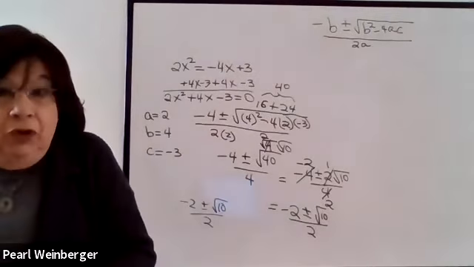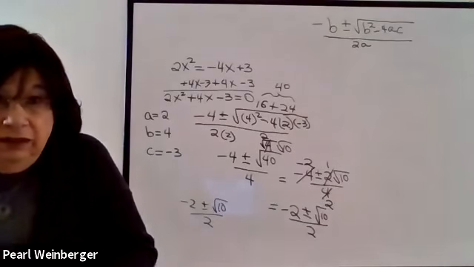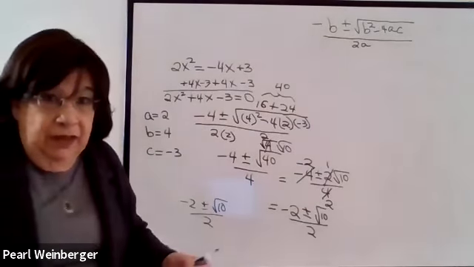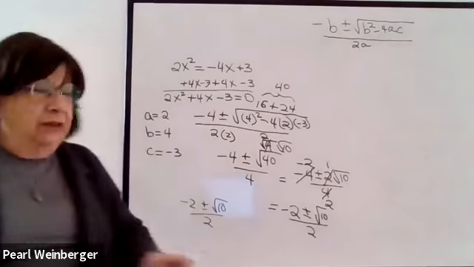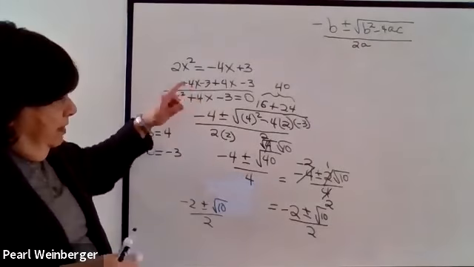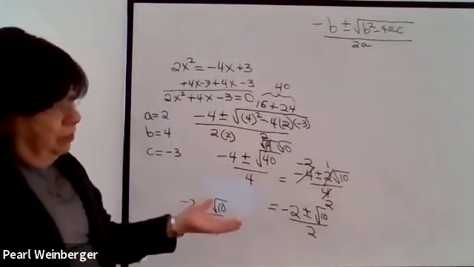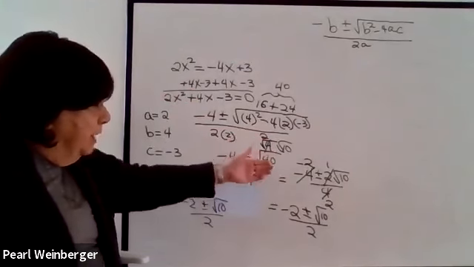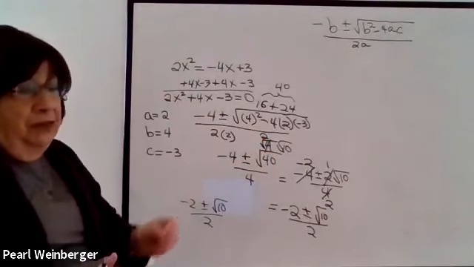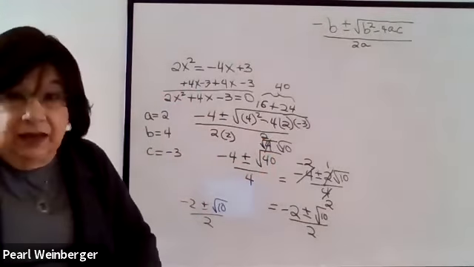Shall we do one more? Should we try one more like this, just as good practice? Notice one thing you have to be careful about, the main thing is to be careful with this radical. If it's a negative, it means you're going to have an answer with an i in it.